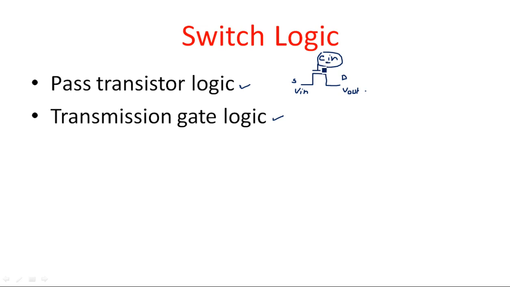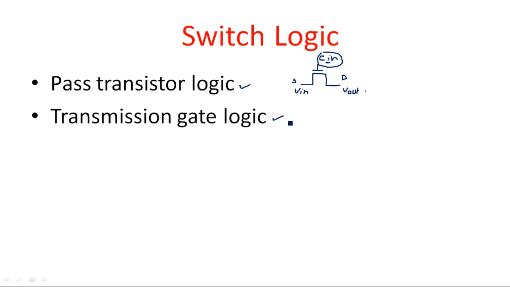If the control input is 1, then the input will be transferred to the output. If the control input is 0, then there is no output because it acts as an open circuit or high impedance circuit. So this is the pass transistor logic. You will see it diagrammatically.